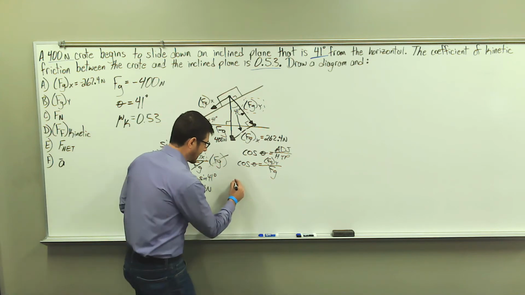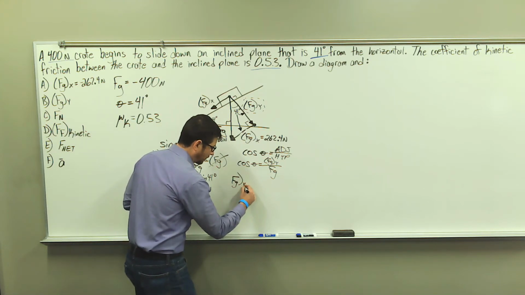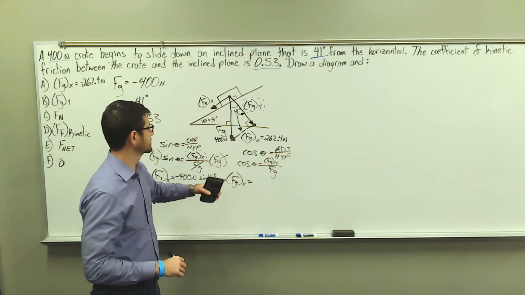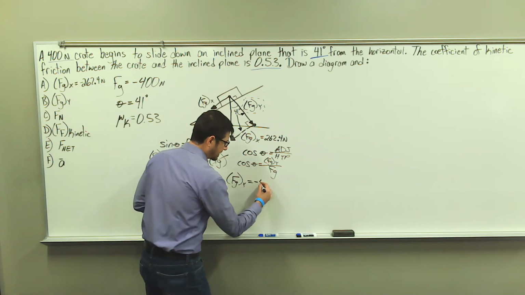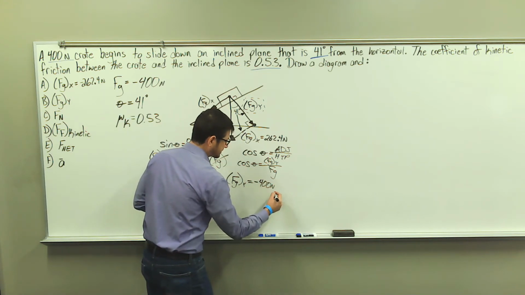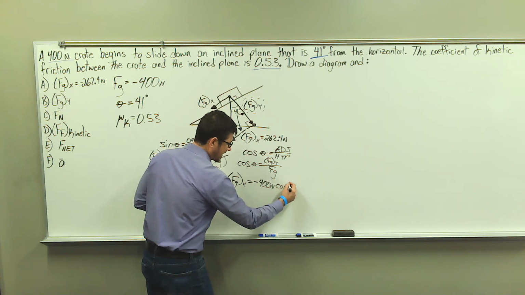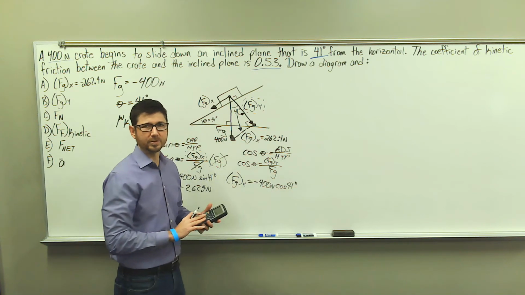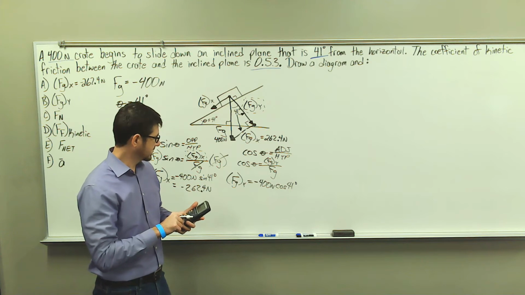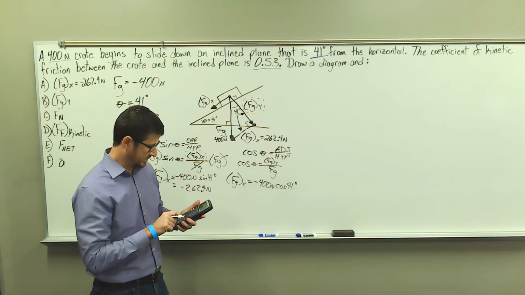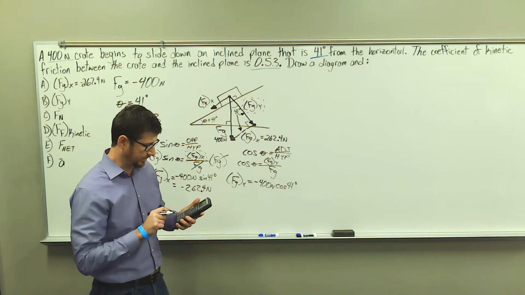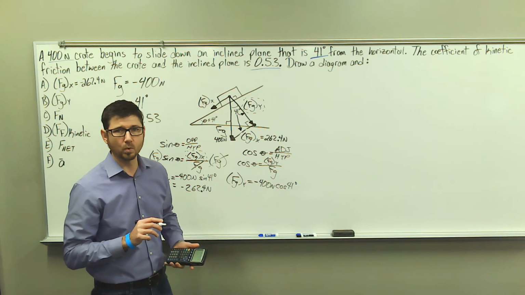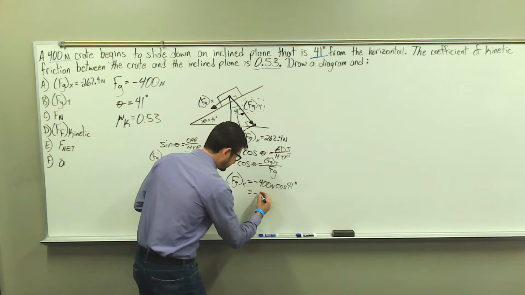So we have y component of weight force is equal to the weight force due to gravity, so I have a negative 400 newtons times cosine of 41 degrees. So negative 400 times cosine of 41 degrees, I have negative 301.8 newtons.